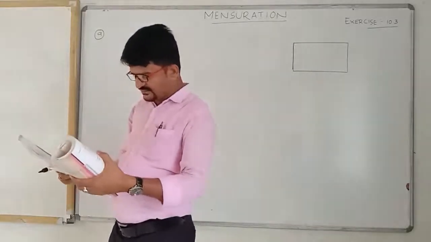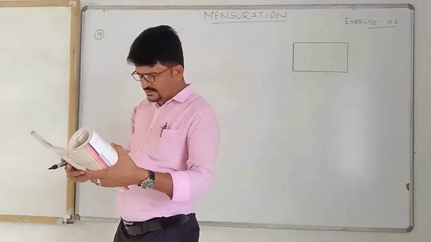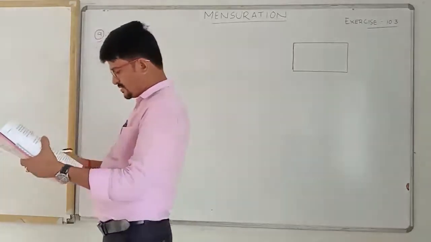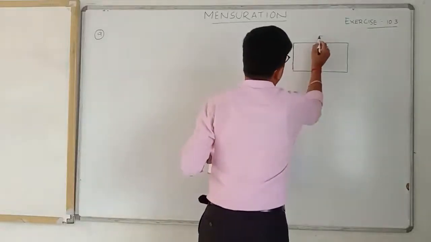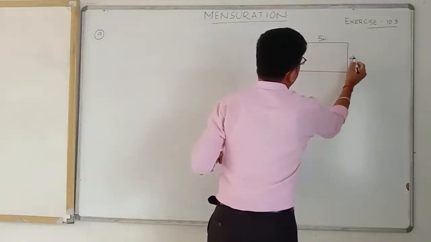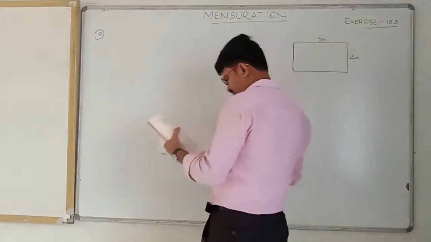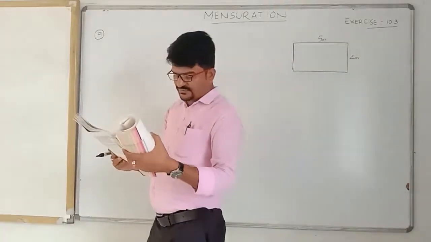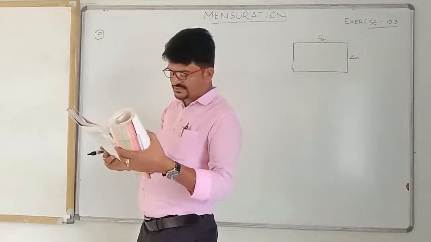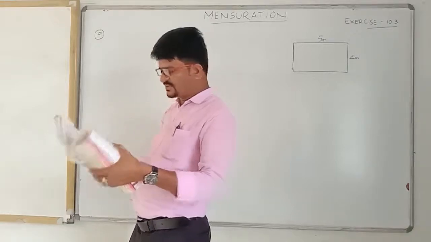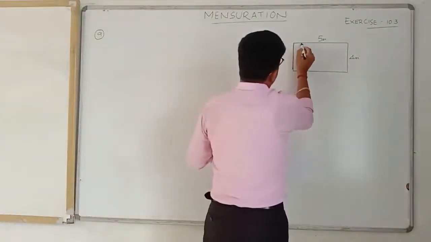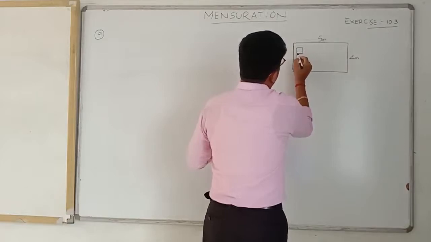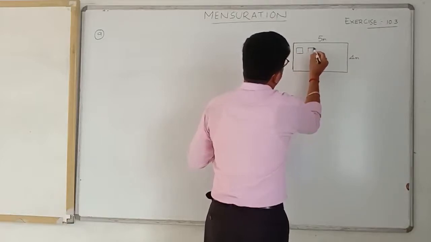And what are the measurements of the rectangular plot? 5 meters long and 4 meters wide. 5 square flower beds, each of side 1 meter, are dug on a piece of land. Here, they make them like this.